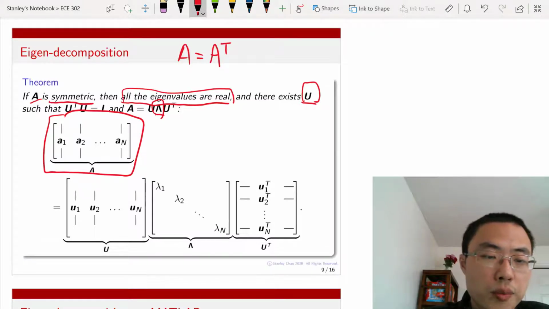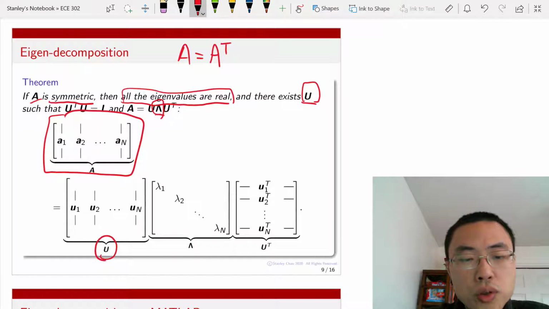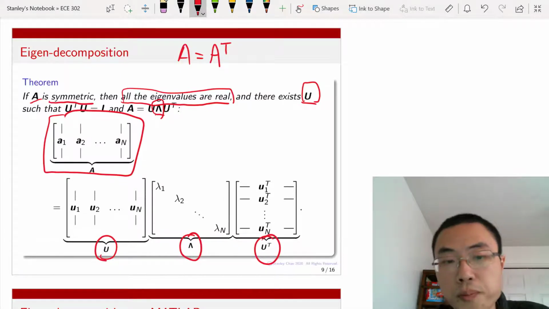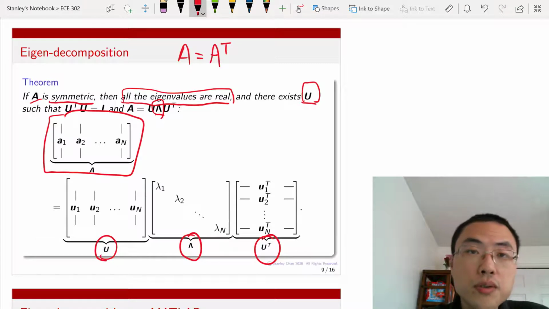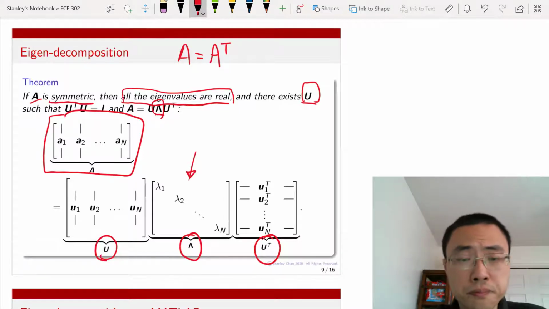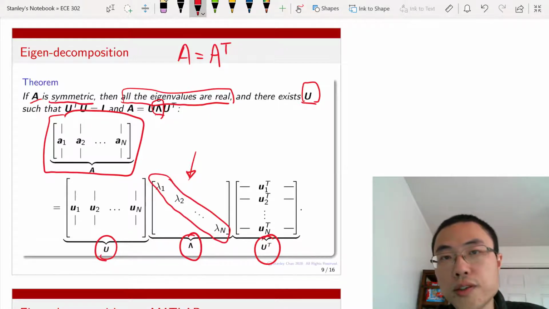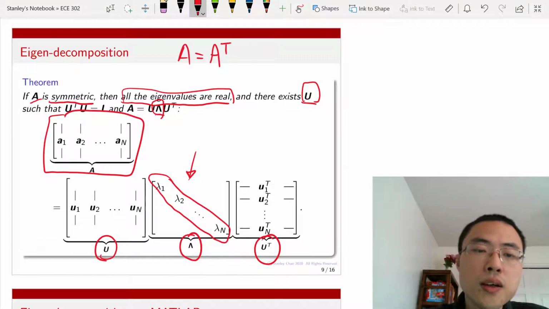It has all these columns, and then you can decompose A into U times lambda times U transpose. This is a very special decomposition because the middle matrix is a diagonal matrix. A diagonal matrix is very good because the inverse is just the reciprocal of its diagonal elements.